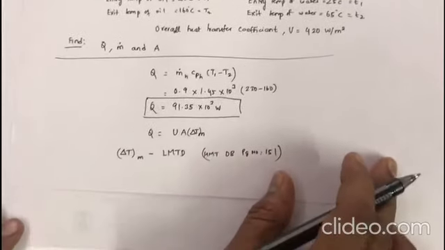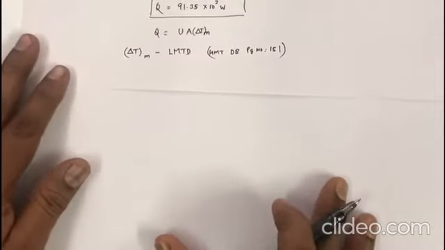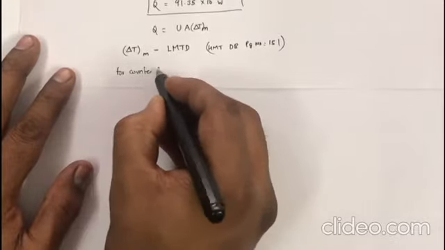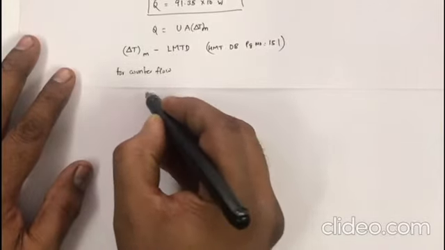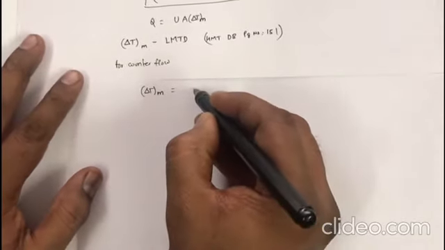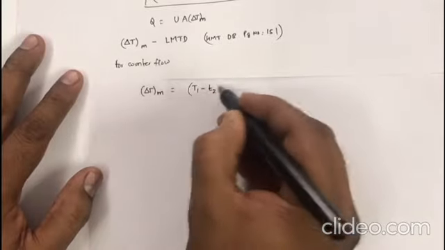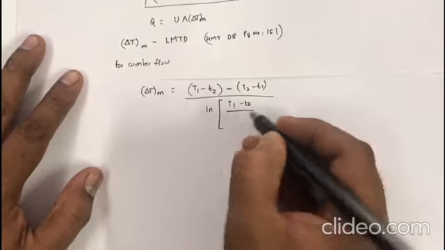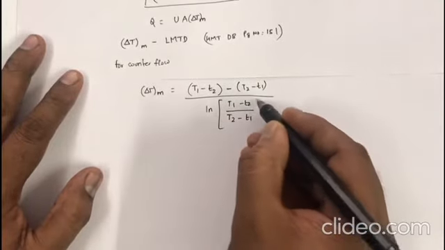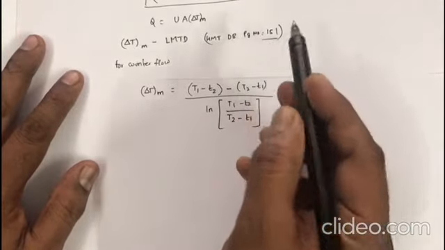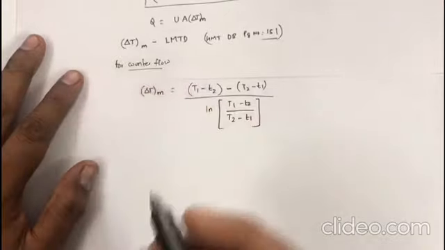So this will be your relation. From this relation, for counterflow, delta Tm is given as (T1 minus t2) minus (T2 minus t1) divided by ln of (T1 minus t2) over (T2 minus t1). So this relation is available in your HMT data book, page number 151, for counterflow heat exchanger.